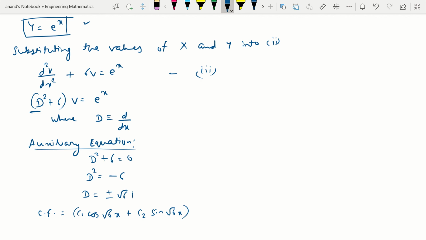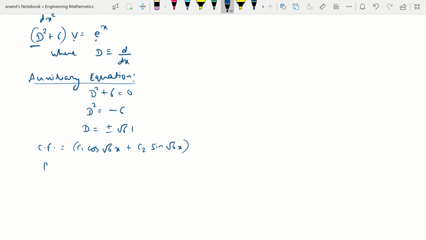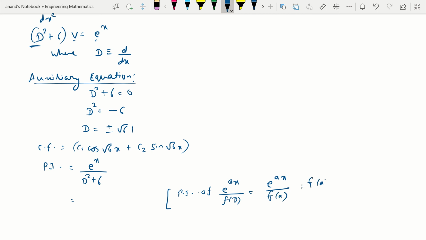Now to find the value of v, we need to find the particular integral also. So the particular integral will be e to the power x upon D square plus 6. We know a basic formula to find particular integral of e to the power ax upon f of D equals e to the power ax upon f of a, provided that f of a is not equal to 0.